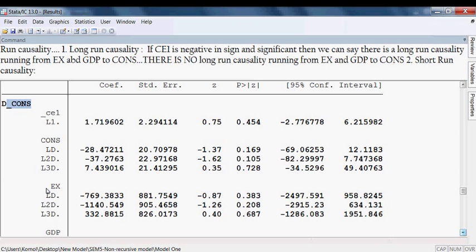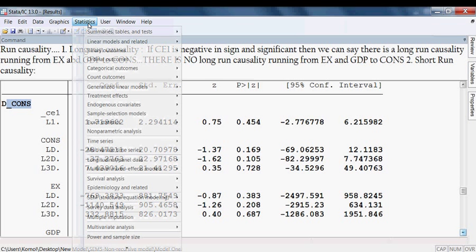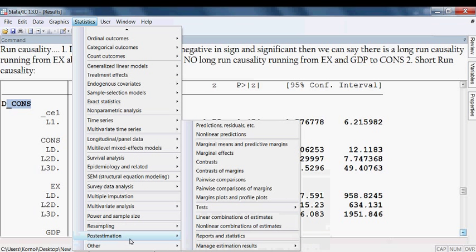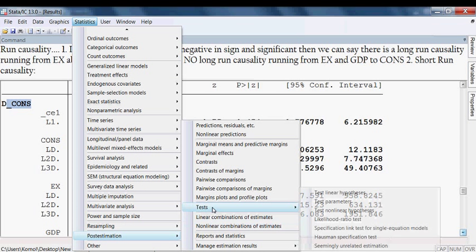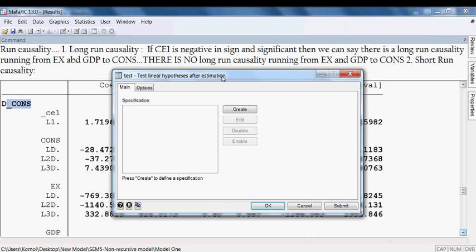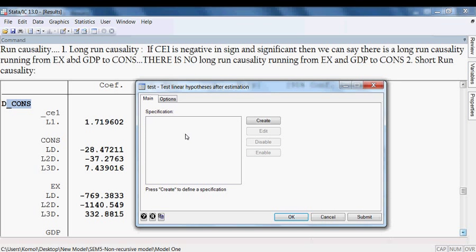So I go to statistics, then post estimation, then test, then test linear hypothesis, right? I select here. Okay, here we select create.